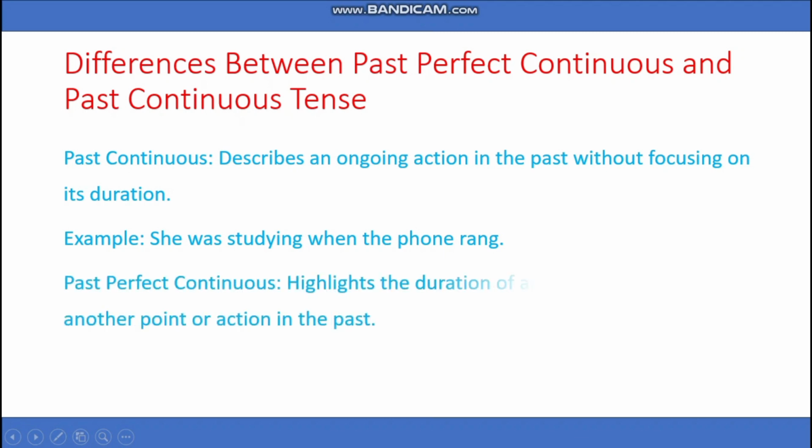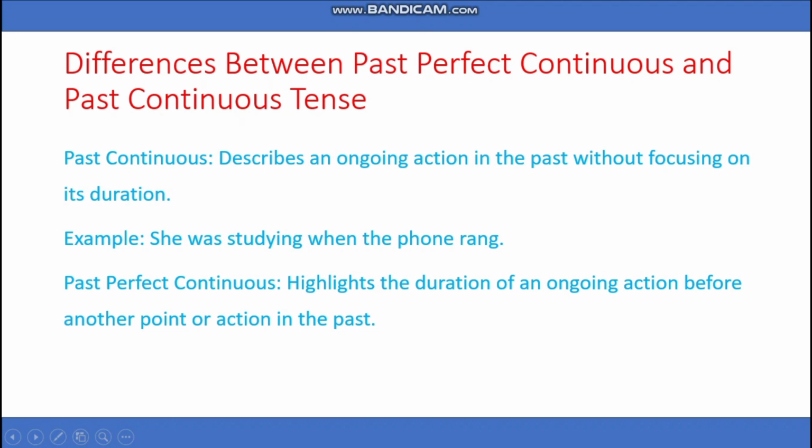The past perfect continuous highlights the duration of an ongoing action before another point or action in the past.